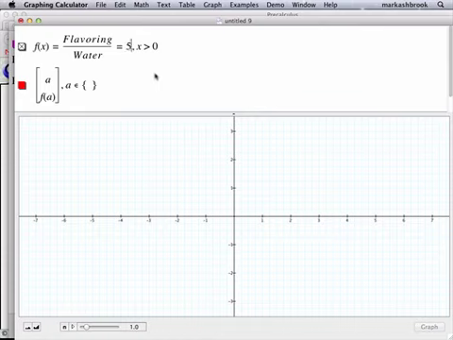Isn't it always 5 gallons of flavoring to start with? So the question is, if you have X total gallons and 5 gallons of flavoring, how much water is there? If we have X total gallons of both and we want just the water, we'll subtract off the flavoring.